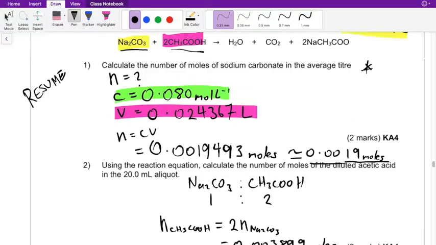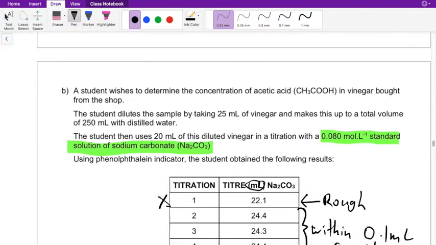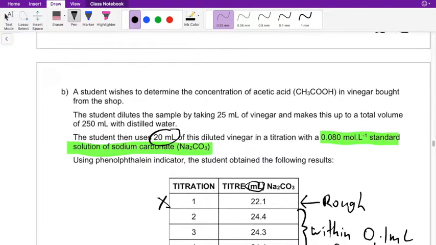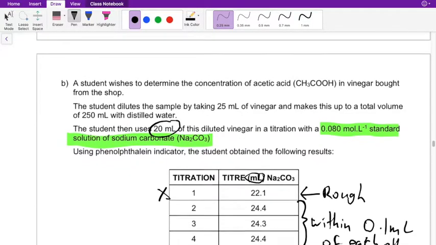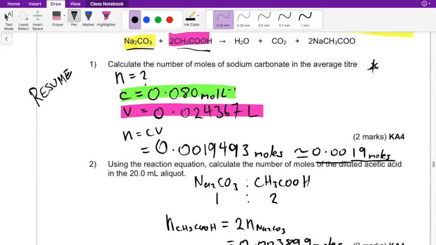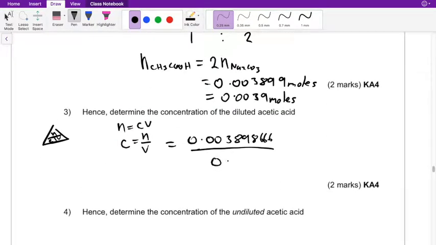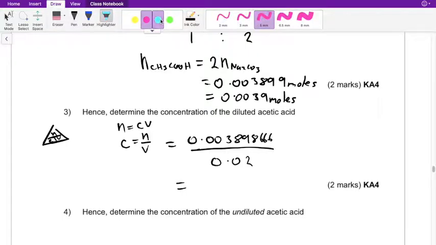The volume of the acetic acid, we're told, was 20 mL, because the student uses 20 mL of diluted vinegar to titrate with. So that is therefore equal to 0.02. I might just give those a highlight just so we can remember where those values are from.